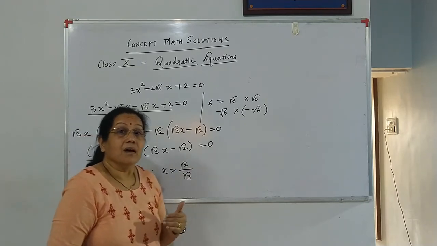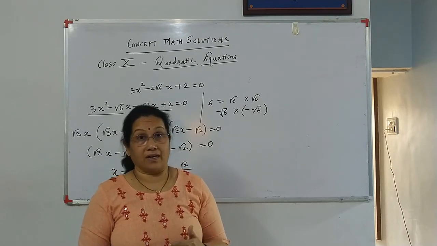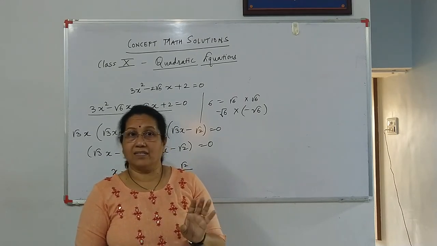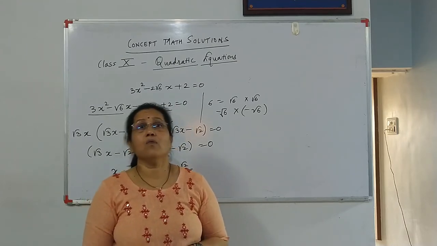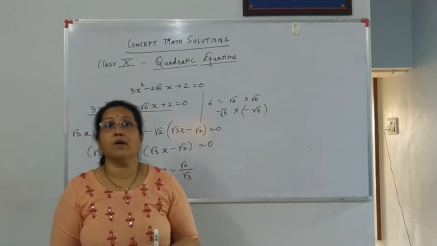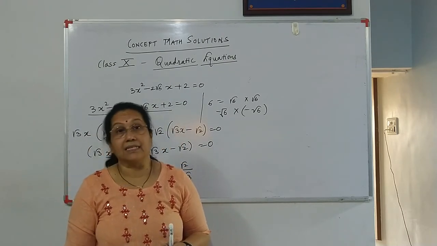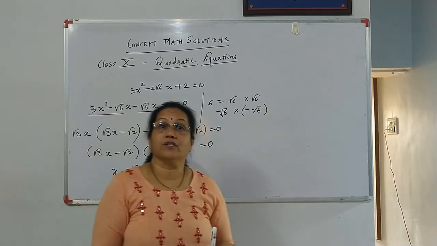So, today we have discussed solving of quadratic equations using factorization. And that factorization is something which you have learnt in the earlier classes. I want you all to work on the method of factorization for solving quadratic equations, that is exercise 4.1 and of course exercise 4.2.